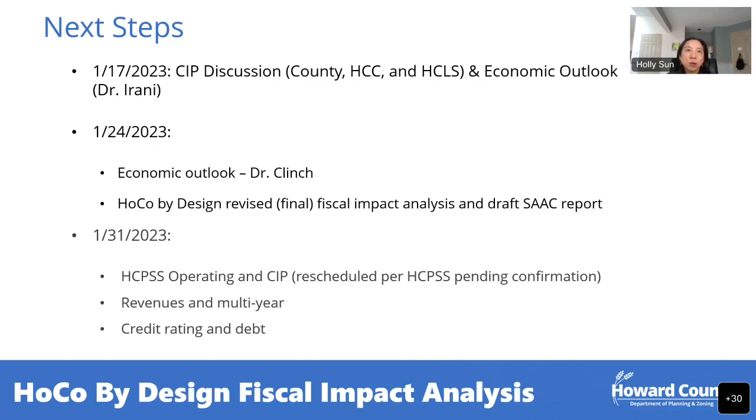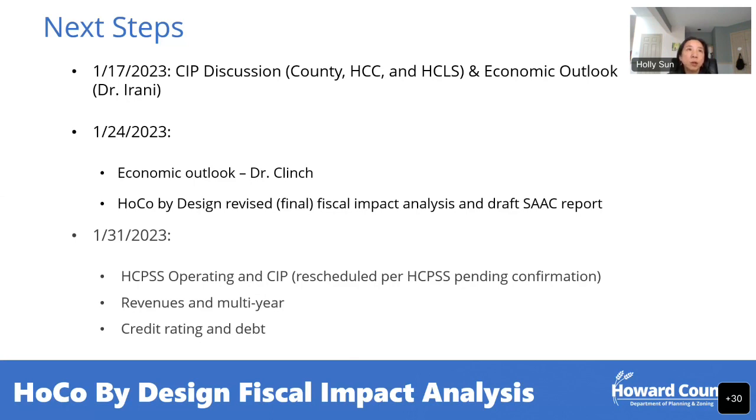Our school system, possibly led by the superintendent, will talk about the superintendent's proposed CIP and operating budget. Then we'll also discuss the revenue and multi-year projection from the budget office, and our finance department will talk about credit rating, debt projection, and debt indicators.